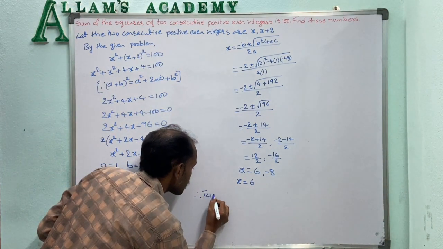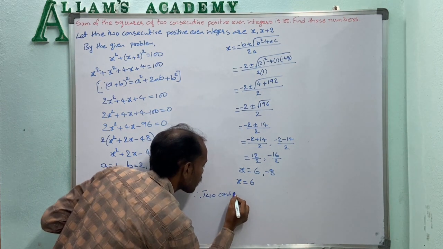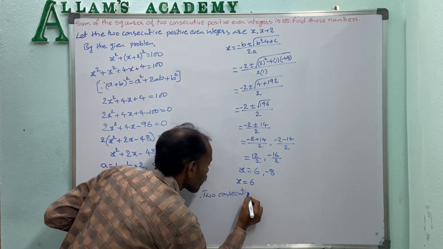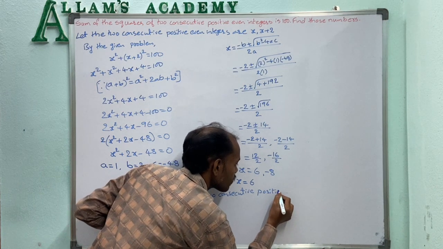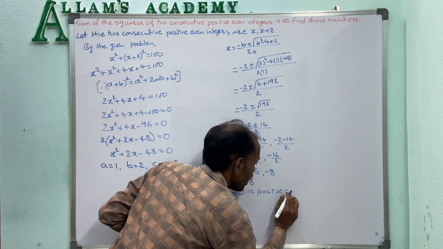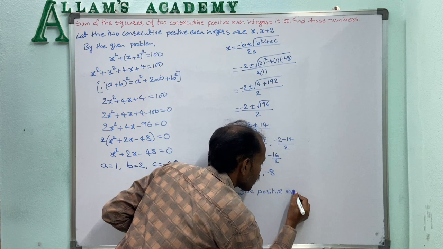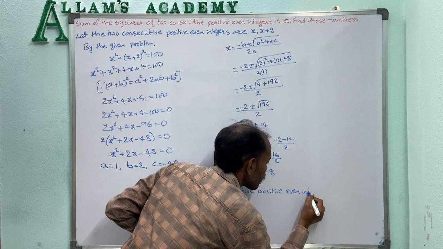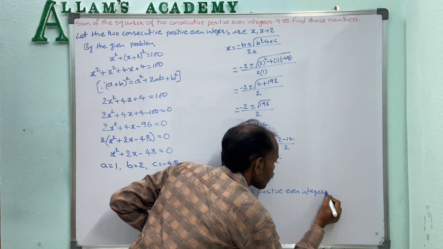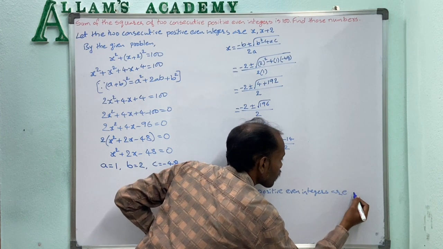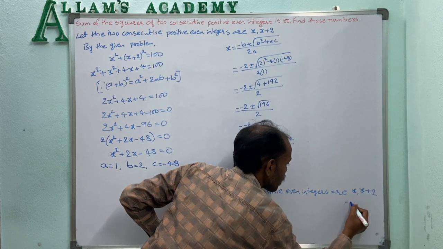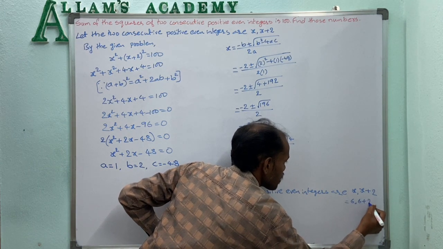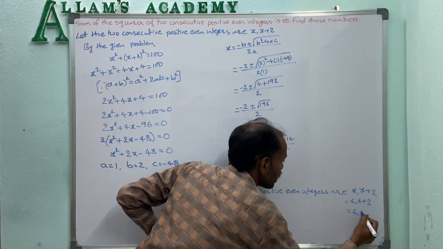Therefore, the two consecutive positive even integers are x, which is 6, and x plus 2, that is 6 plus 2, which is 8.